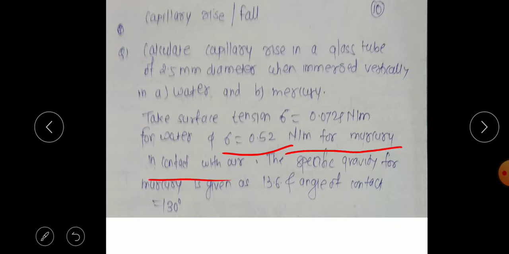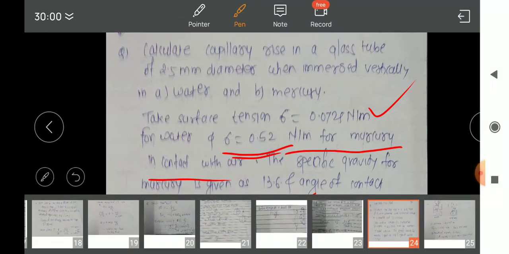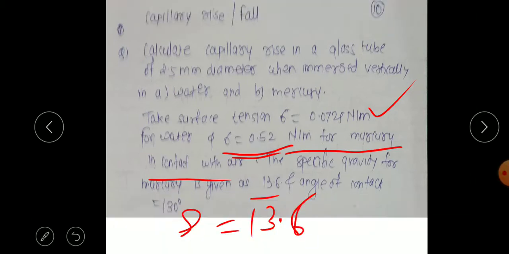So for water it is smaller and for mercury 0.52 is greater. The specific gravity of mercury is 13.6, which means the density of mercury will be the specific gravity, 13.6, times the density of water, 1000. The angle of contact for mercury is given as 130 degrees.